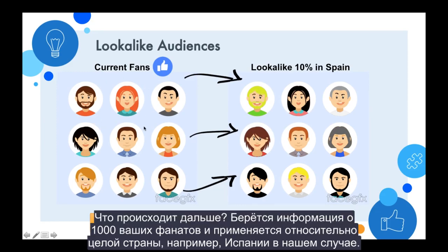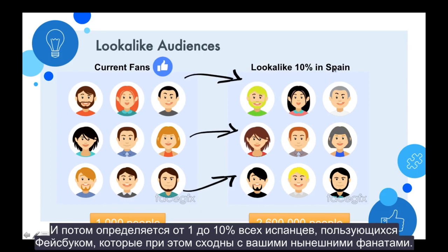And what they then do is apply all this information that they have from these 1,000 people that you already have in your current fan base to a specific country, for example Spain, okay? And then they find the 1, 2, 3, 4, 5, 6, 7, 8, 9 or even 10% of the Spanish Facebook population that is the most similar to your current fans, okay?